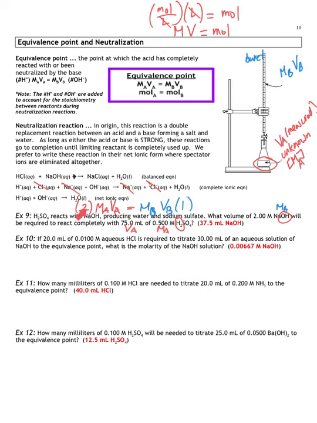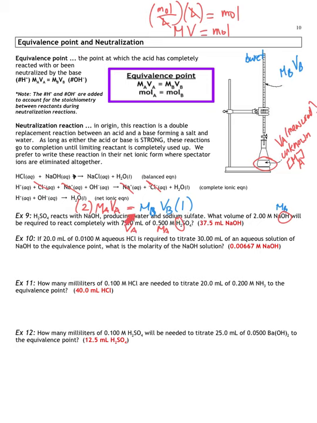So for the acid side, I decided to multiply, because I have 2 hydrogen ions in 1 mole of the sulfuric acid, I'm going to multiply that by 2. And then for the base side, I'm only multiplying it by 1 because it's monobasic. It's only contributing 1 hydroxide ion.